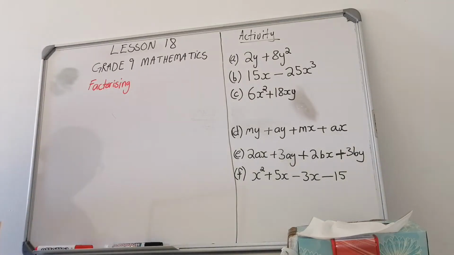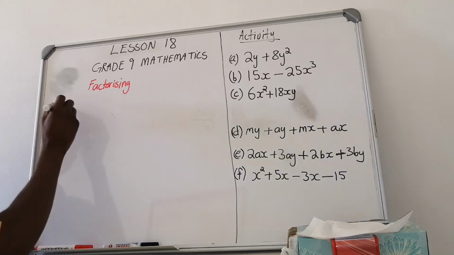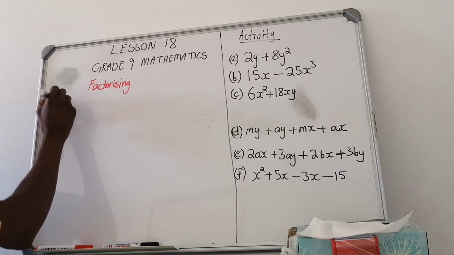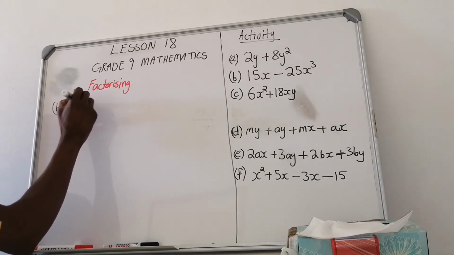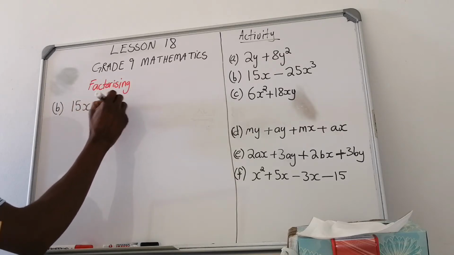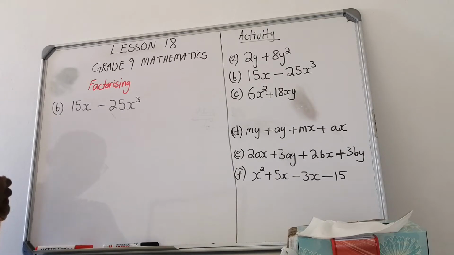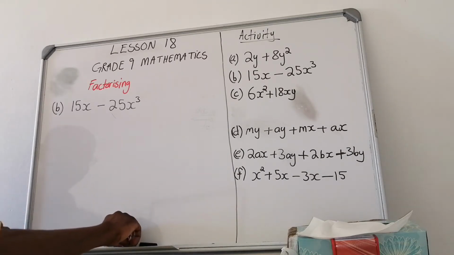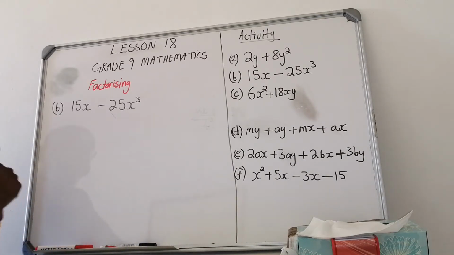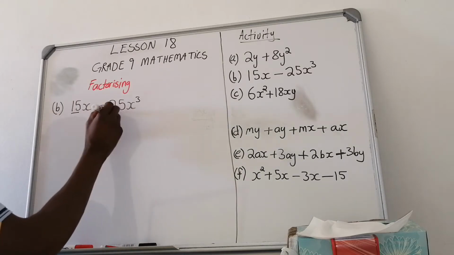So we want to factorize 15x minus 25x cubed. Remember, we must figure out the highest common factor of the two numbers first before you go to the letters.